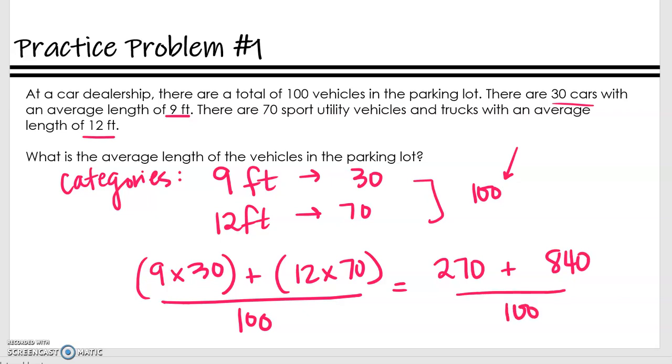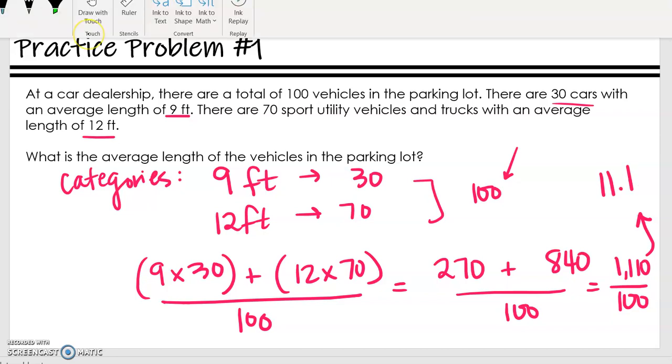Let me add that up. 270 plus 840 is 1,110. And I will divide that by 100. And that gives me a final answer of 11.1.